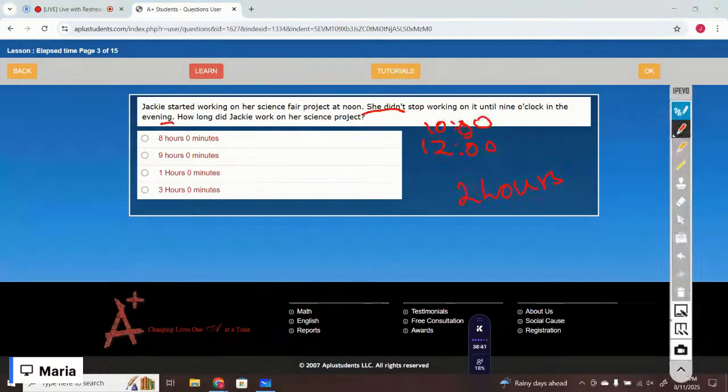She started working on the science fair project at noon. So, that means she started working at 12 and she ended at 9.